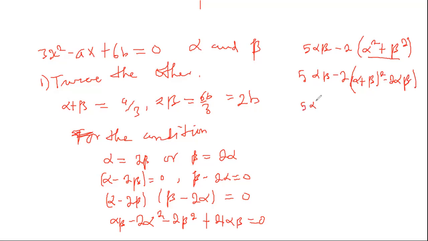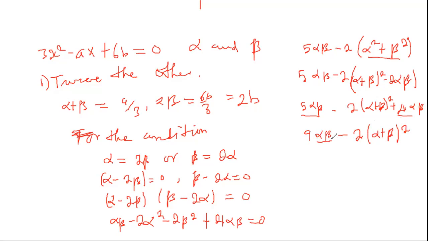So this would be alpha beta times 5 minus 2, so we open brackets into alpha plus beta squared, plus 4 alpha beta. So we get 5 plus 4, and that gives us 9 alpha beta minus 2 into alpha plus beta squared.